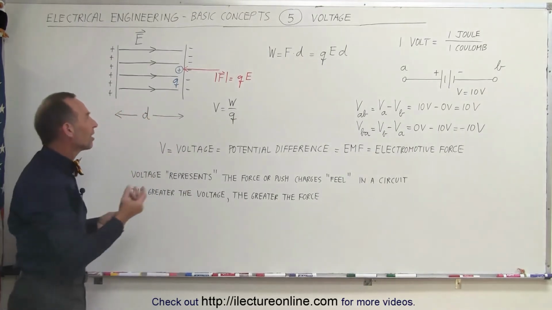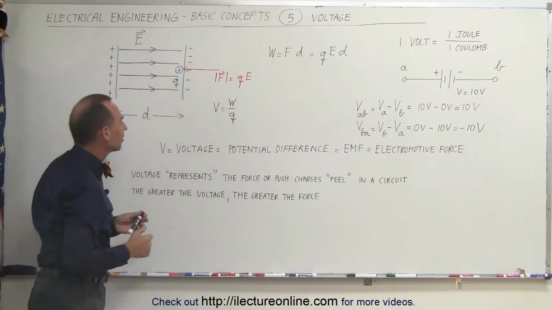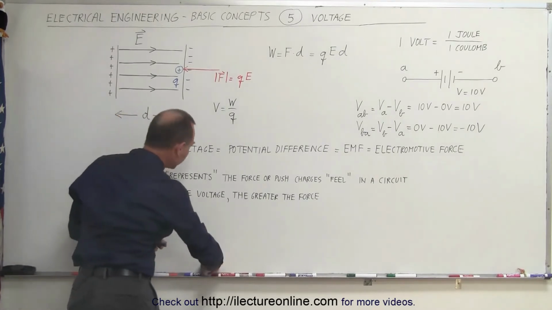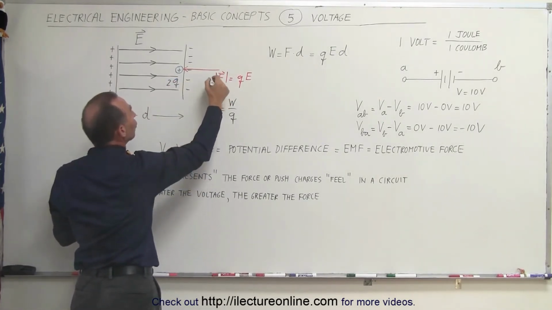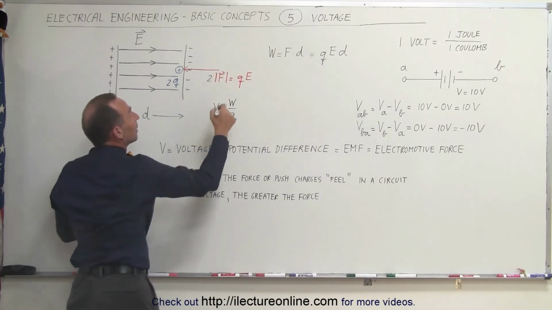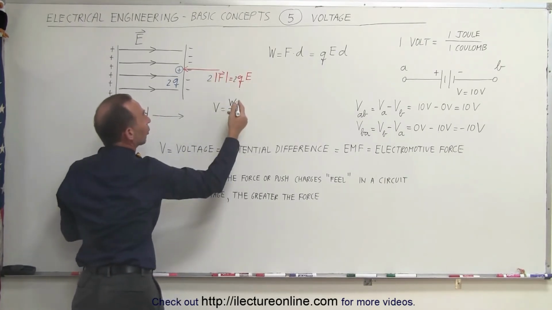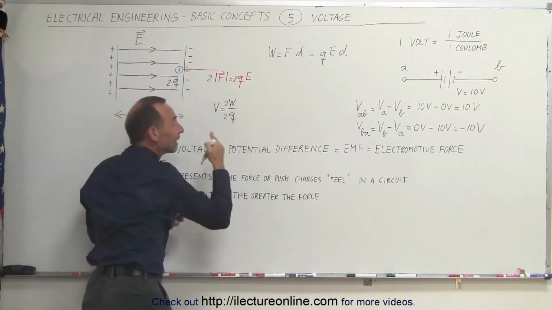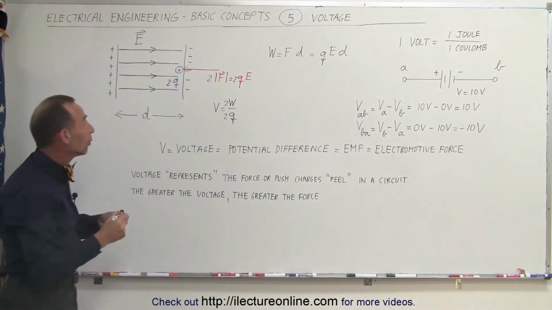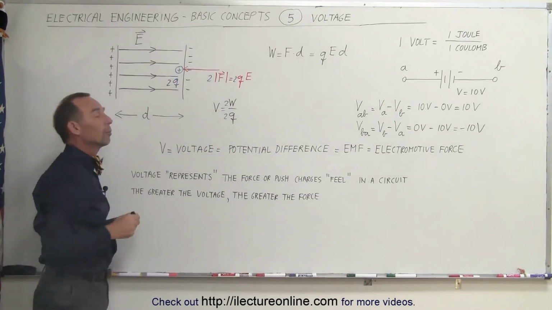And that makes sense because let's say that the charge was twice as big. Let's say we had 2q there. It would then require twice the force, twice the charge, therefore twice the work, and you see that that ratio will always be the same regardless of the size of the charge that we use.